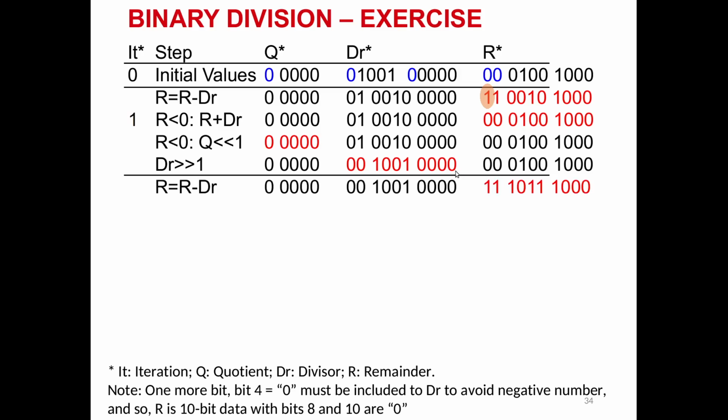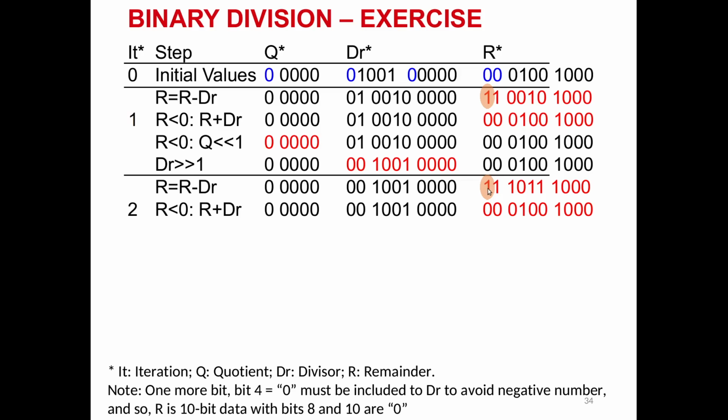And then to the second step, we will take R here and subtract DR here. So as you can see here, R is smaller than DR, so the result will be a negative value, that is 1 1 1 0 1 1 1 0 0 0. And when we check the most significant bit of the result, it is 1, so R is smaller than 0.